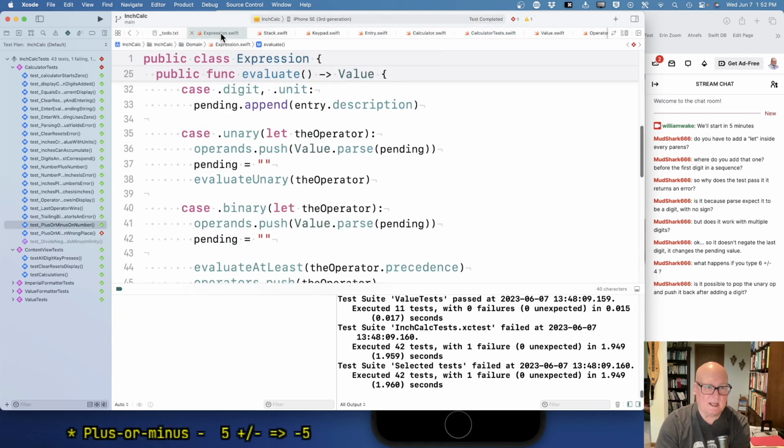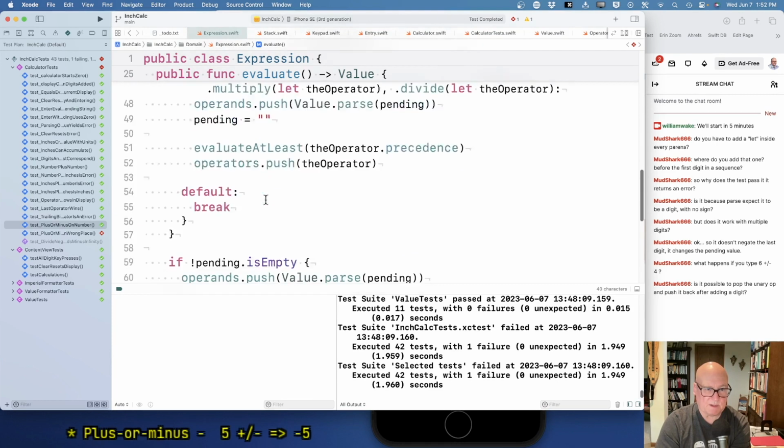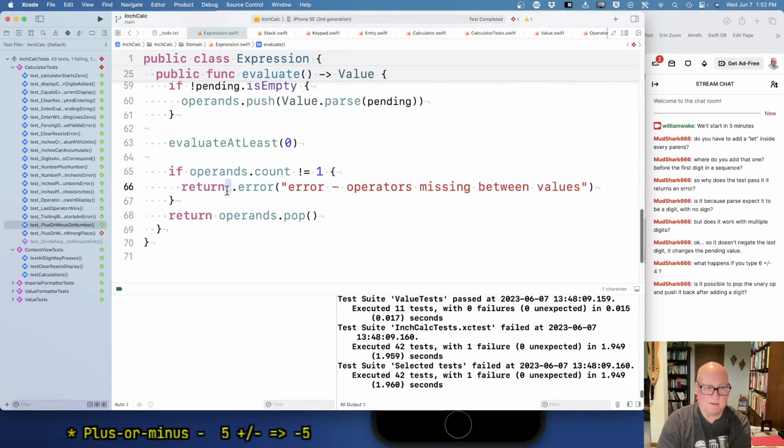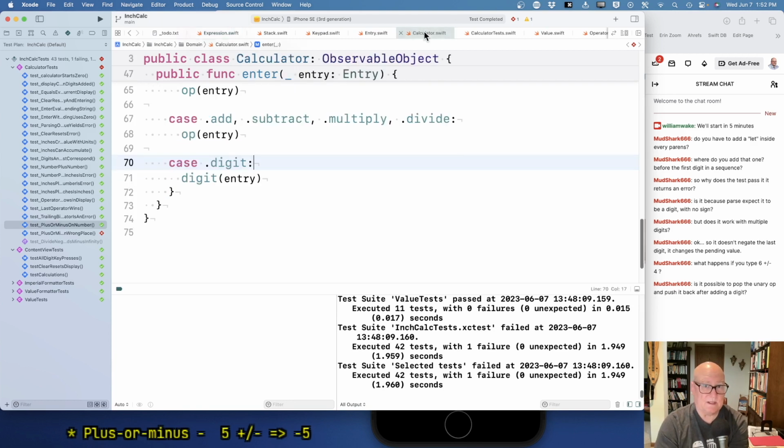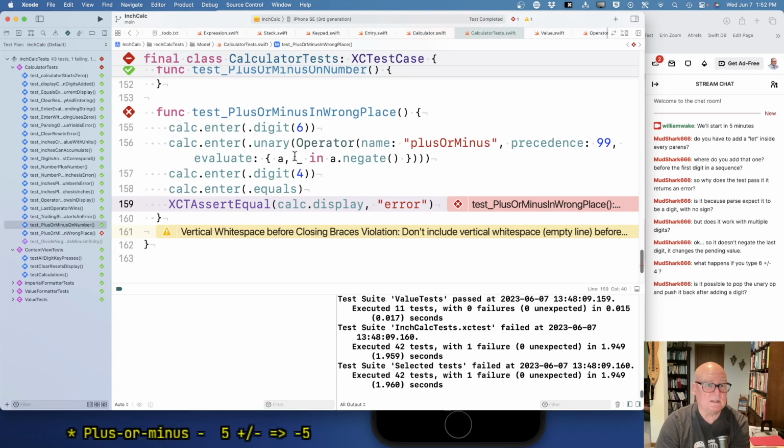Yeah, so if you've formed your expression correctly, this should never happen. It should be more like a fatal error. It's not something that should happen. And I think the way we're doing it, we're enforcing that here. And so I think what you're saying is this should be negative 64. Okay.